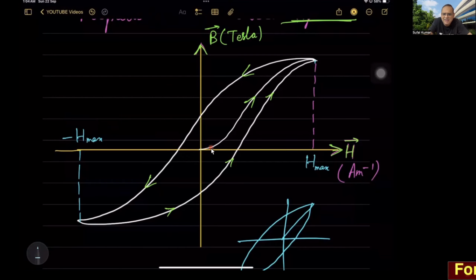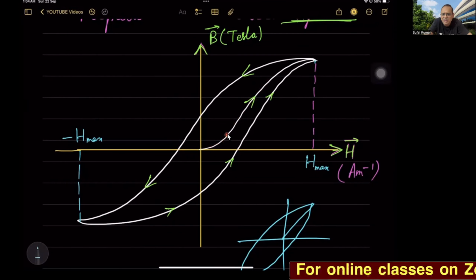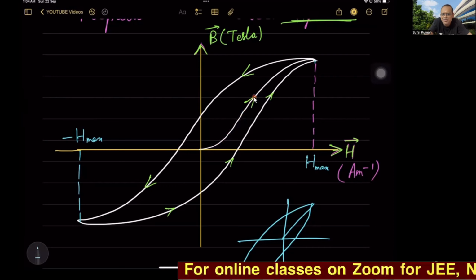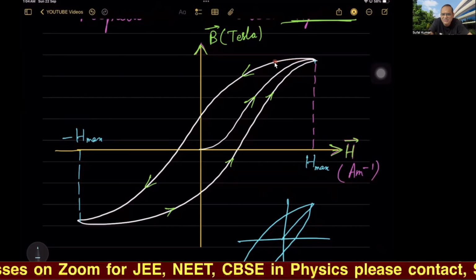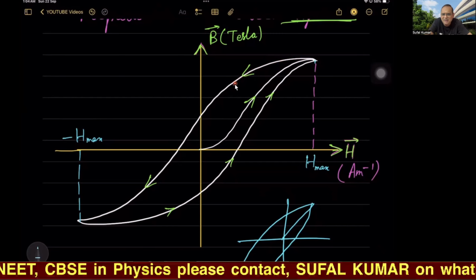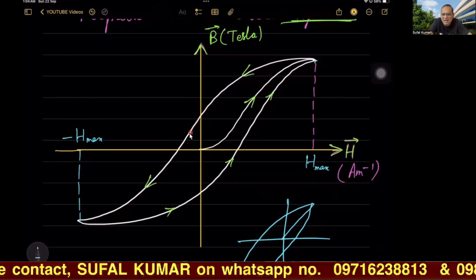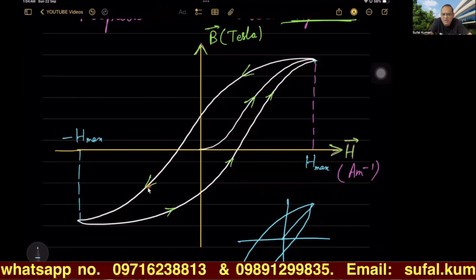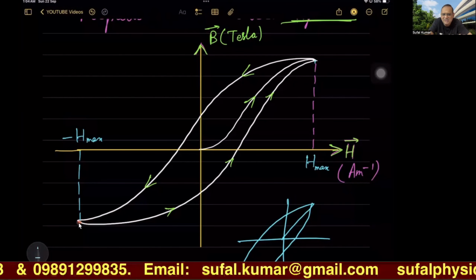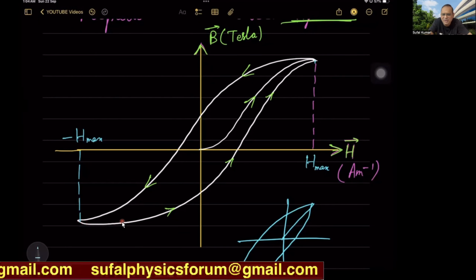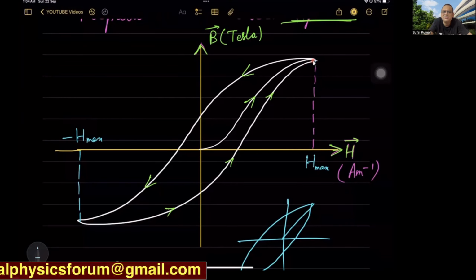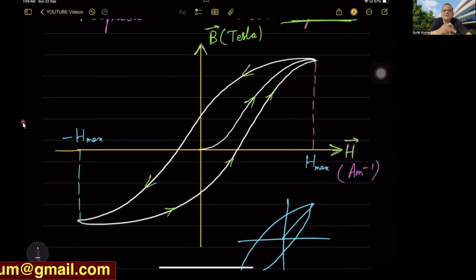That means, as my cursor is going, this is the process of magnetization. Here the demagnetization process begins, and it will go till this point. Then after that, again the magnetization process starts. So this whole thing is studied under this graph.